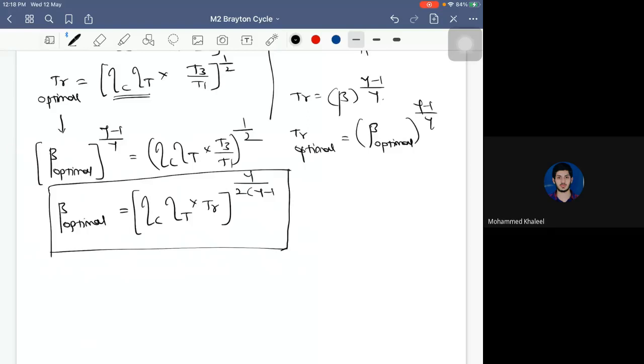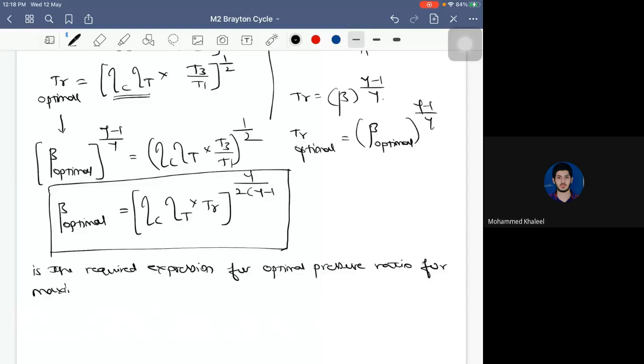Okay, I'll just write the sentence. This is the required expression for optimal pressure ratio for maximum specific power output of a, which one is it, ideal or actual? What we derived is actual.